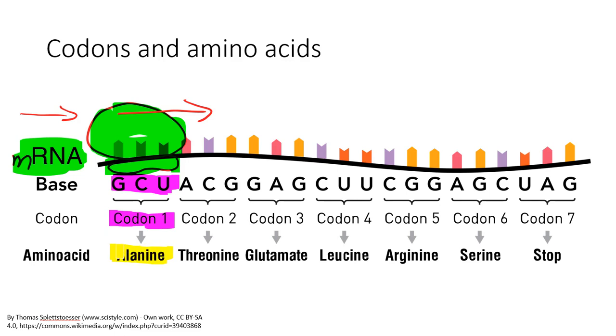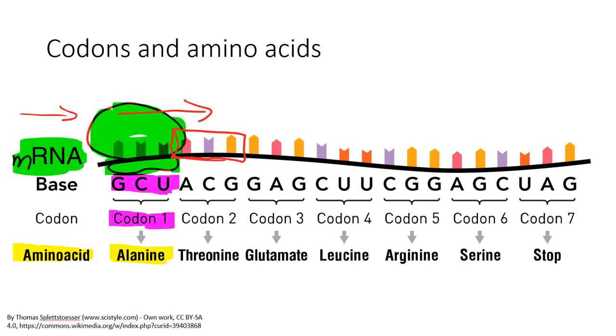will be alanine. Once this is done, when the tRNA interacts with the ribosome and adds the amino acid here, don't forget these are the amino acids right here. Once the amino acid is added to the growing polypeptide chain, then and only then the ribosome will move on and stop at the next codon right here.